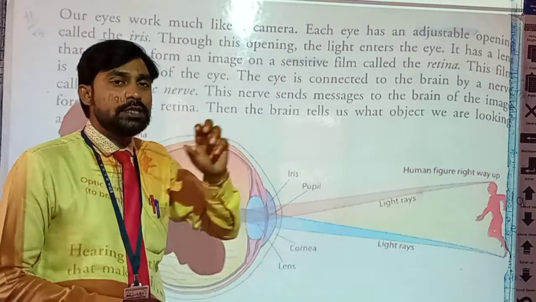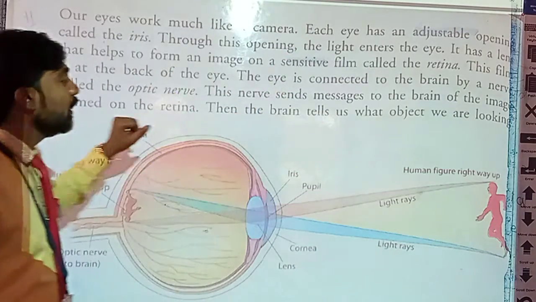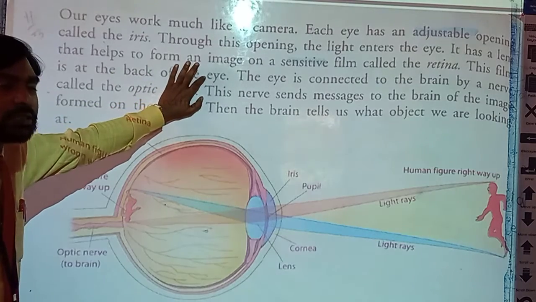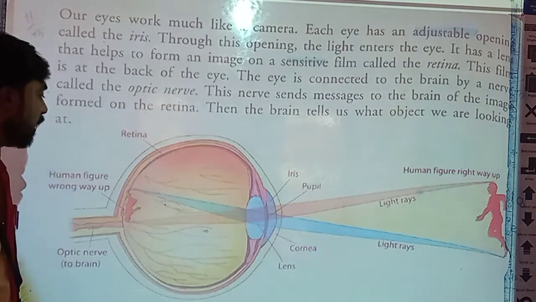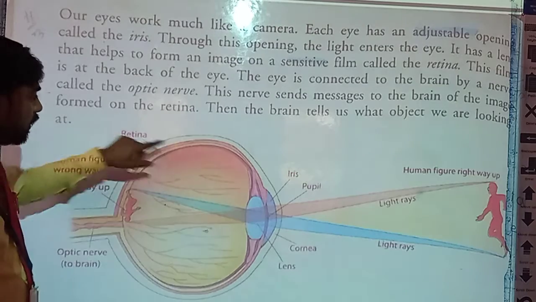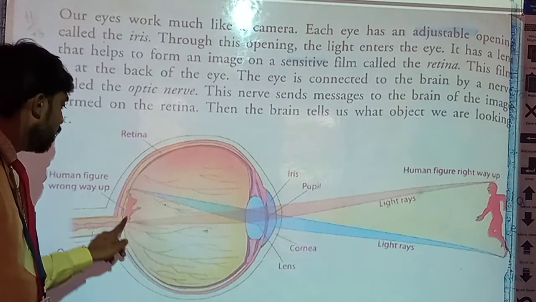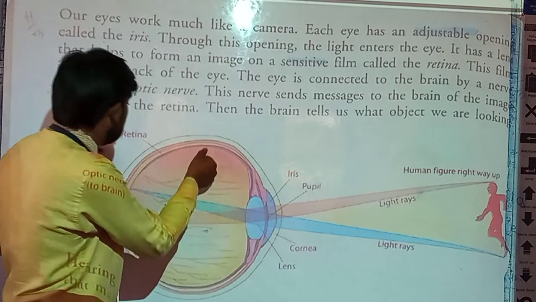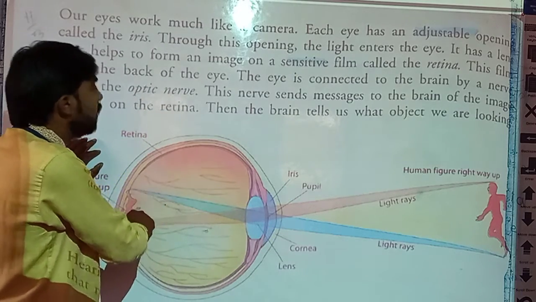The image is formed on a retina. This film is at the back of the eye. So where is this retina? At the back side, we can see here. This is retina. Iris is given here, and this is retina at the back side.